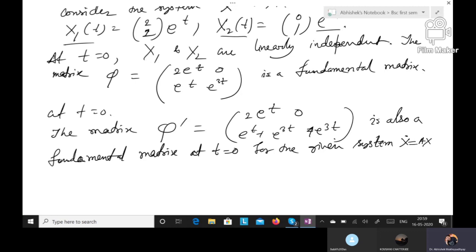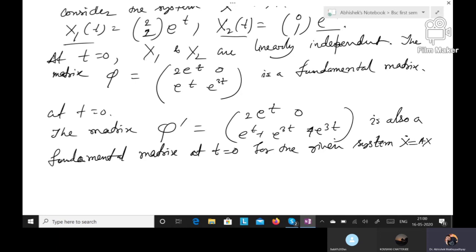And note that every system x dot equal to Ax has a fundamental matrix, and this is very important: given any system x dot equal to Ax, this will have a fundamental matrix at some t0, which will be evident from our next theorem.